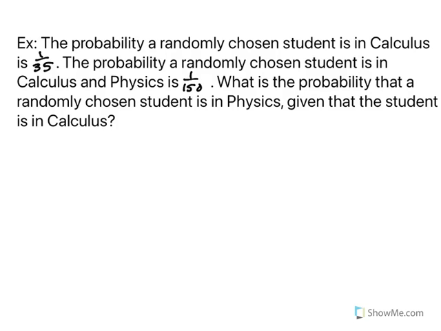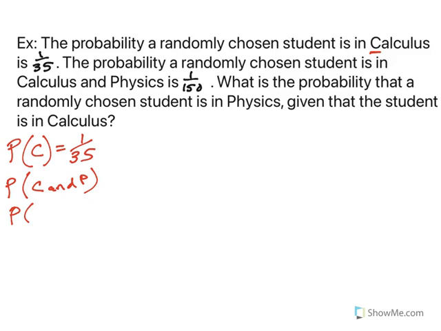This is where I say, write down what you know, okay? I know the probability of a student in calculus is 1 out of 35. Write down what you know and use symbols that make sense to you, okay? Then the next, the probability a random student is in calculus and physics. Now, one thing I want to note is calculus and physics or physics and calculus is the same thing, okay?